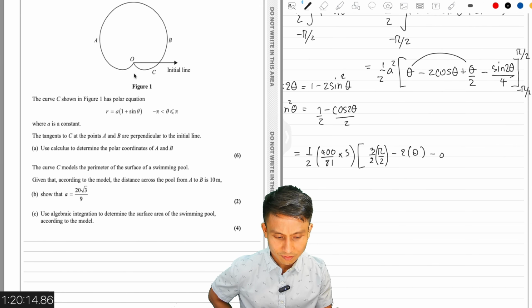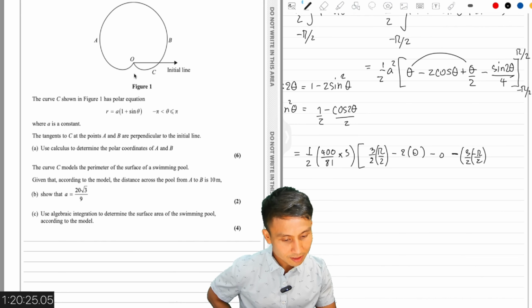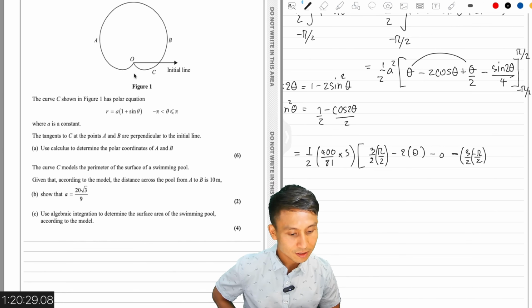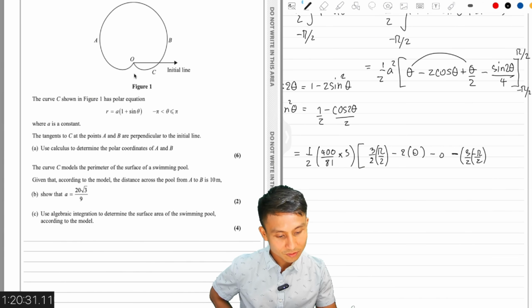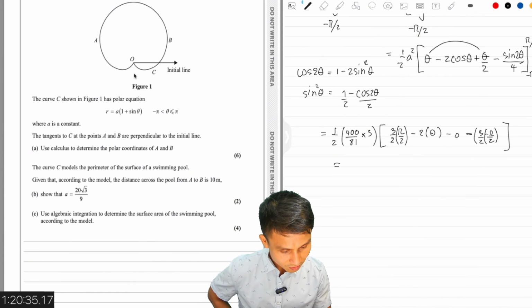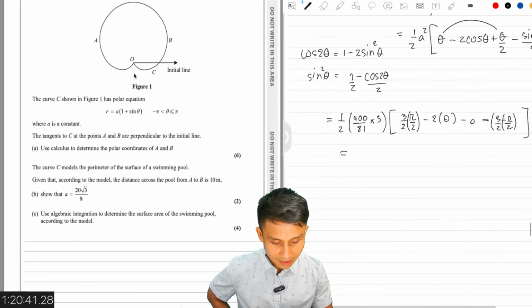Okay, actually simple. And then 3 over 2 here, substituting minus pi over 2 in, you get that. And then you would have again cos of minus pi over 2, that's going to make 0 as well. And that's it. So these are going to add up. Okay, yeah, that's actually simplified.